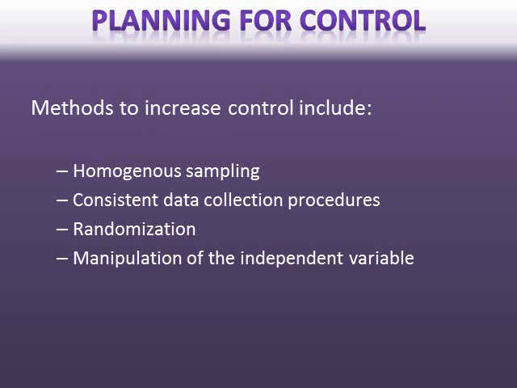You can also increase control by being able to manipulate the independent variable. Now, this isn't always possible. For example, you can't expose people to toxins versus not expose them to a toxin if you know that they're damaging, because that's unethical.